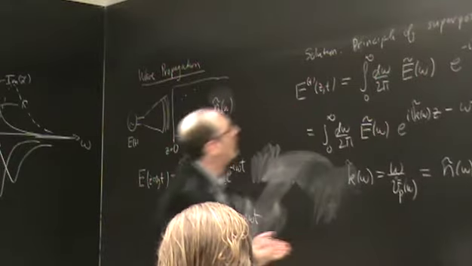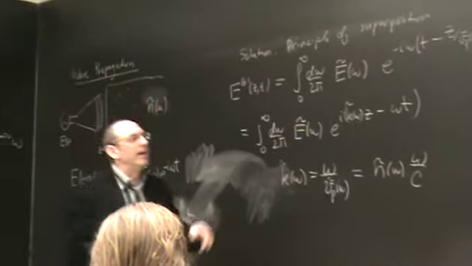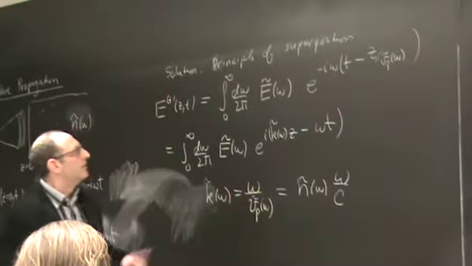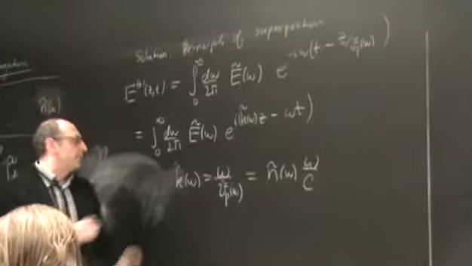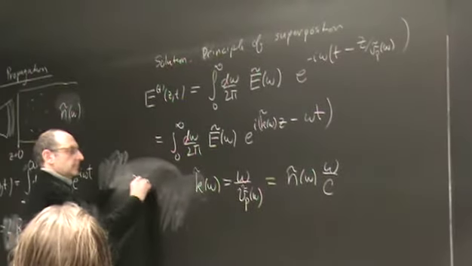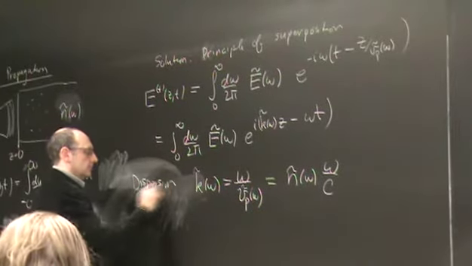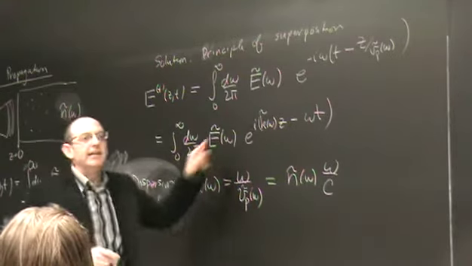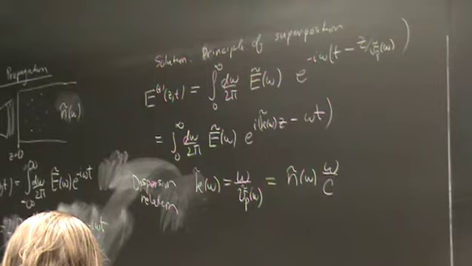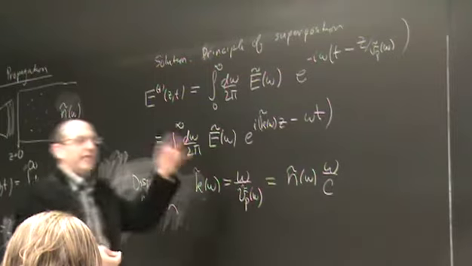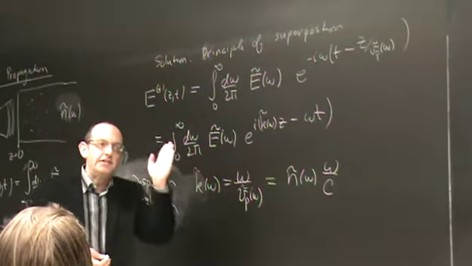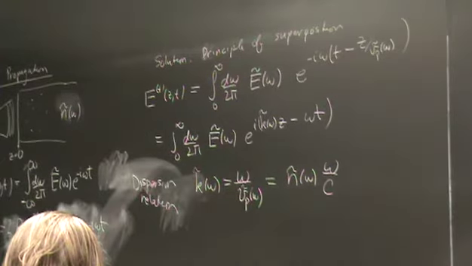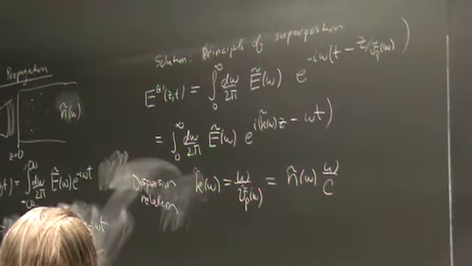Each frequency component propagates as a plane wave with a wave number that's related to that frequency through the dispersion relation. And then we just add up all those plane waves, weighted by the amount of amplitude there was at that frequency, which isn't changing in this linear medium. All right, so that's the formal solution.